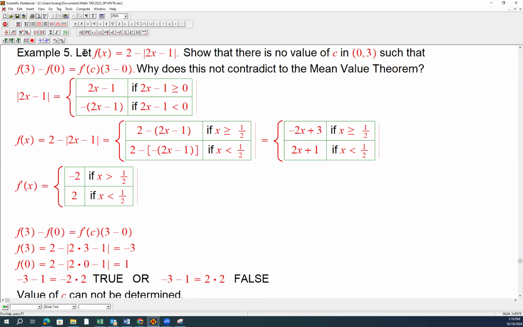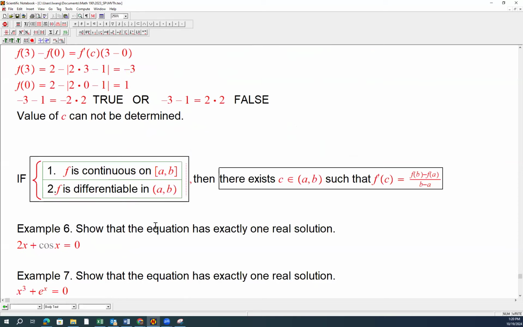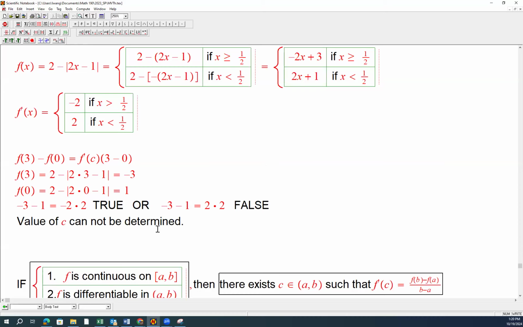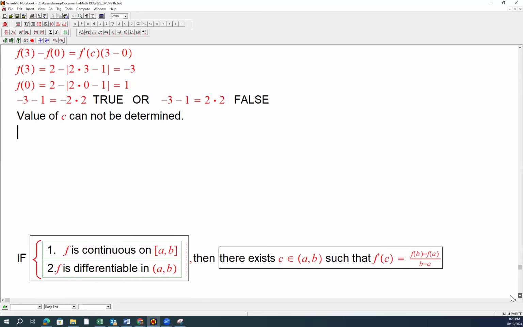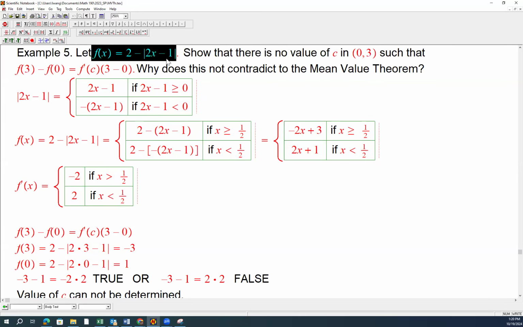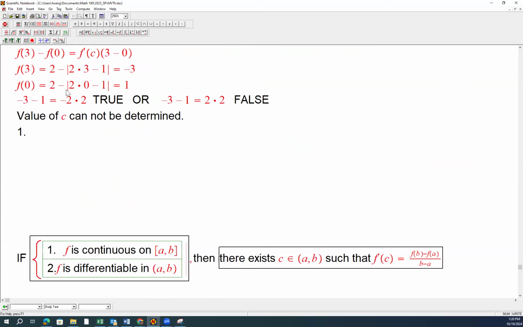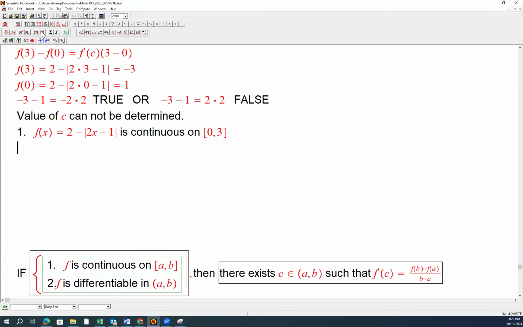Because as we find out, this function is not differentiable at half, and half is inside the interval. So now let's check the conditions. We're going to close pretty soon. In terms of the mean value theorem, number 1, the function is continuous on the closed interval 0 to 3, no problem.